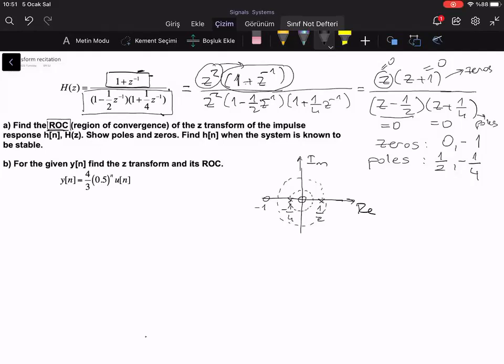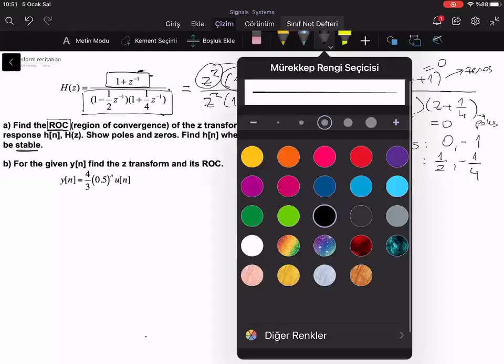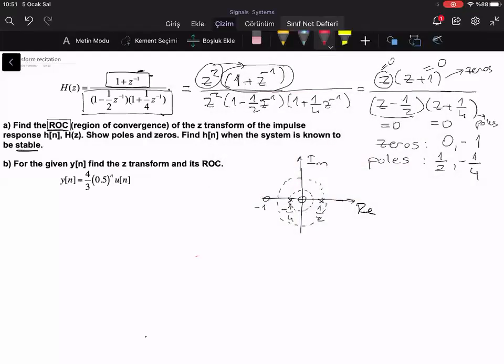So how do I do the shading on this ROC curve? Where is the trick in this question? System is stable. What does stable system mean? What should we take into account? Unit circle should be included.